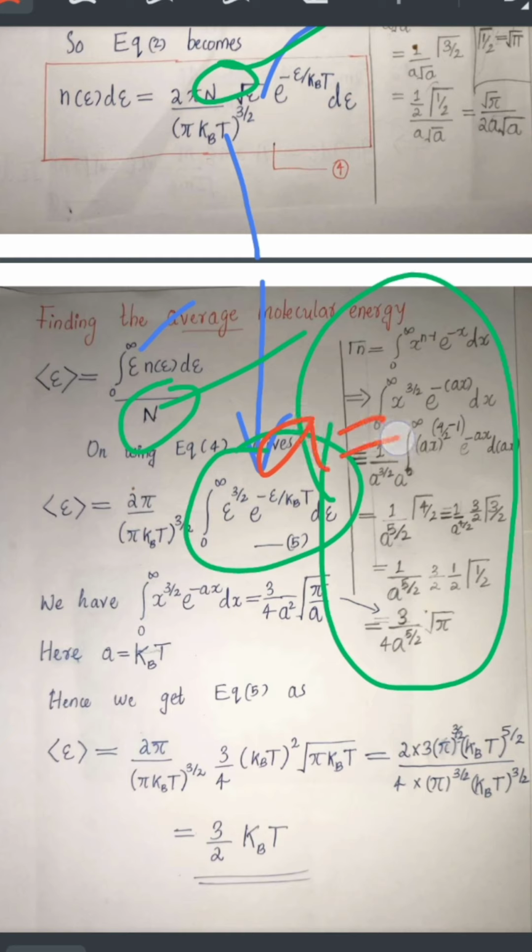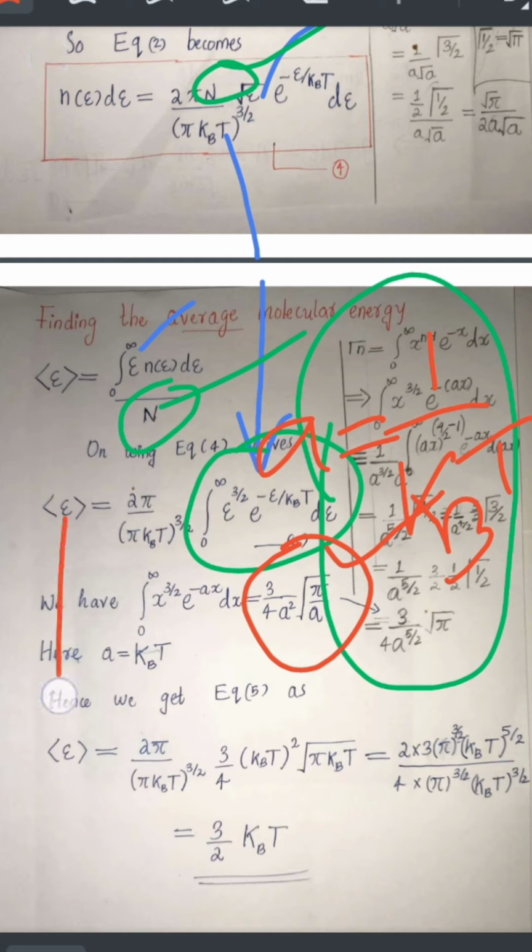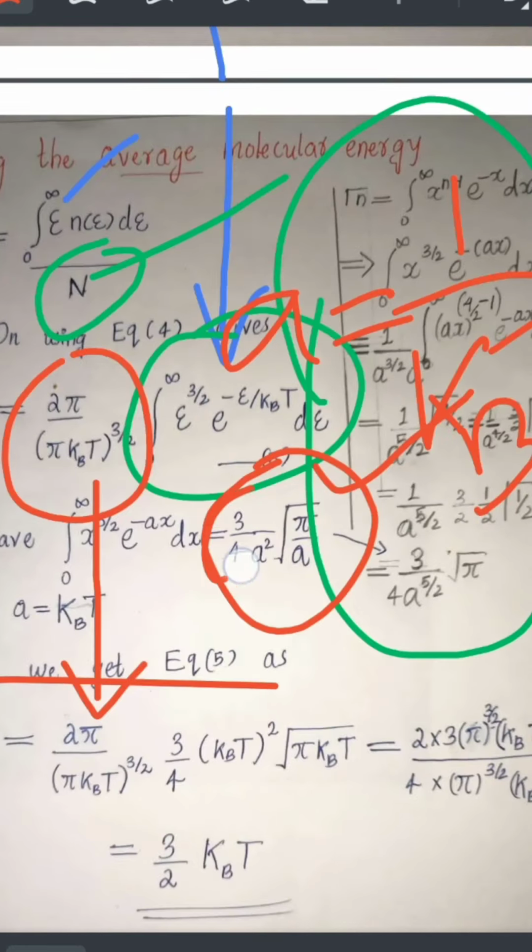And in our expression we already know that this a is equal to 1 over kBT. So if you substitute that kBT in this expression, you will get this expression as 2 pi over pi kBT to the 3 by 2, which is still here, and this 3 by 4 is here, and this a square as kBT square, because a is equal to 1 by kBT.